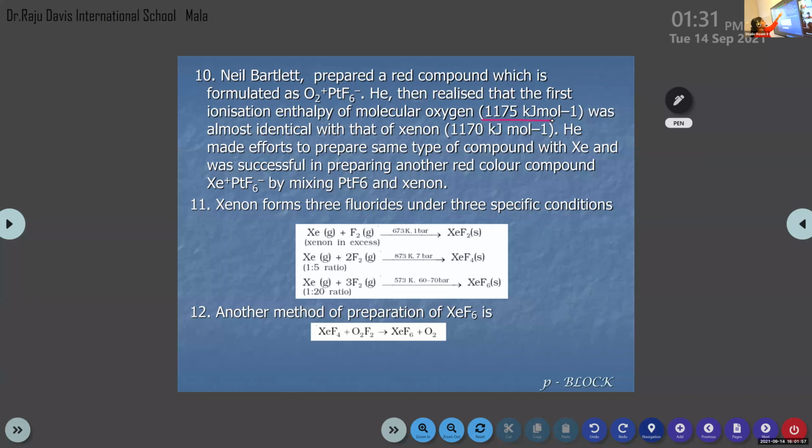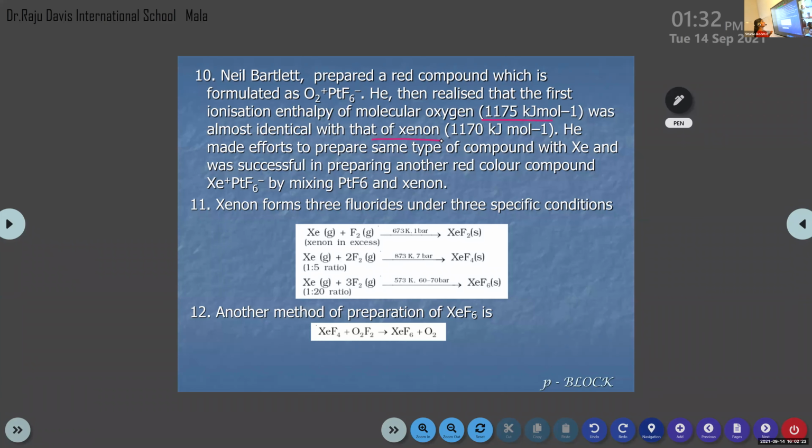He found that the ionization enthalpy, the energy required to remove the electron from the outermost shell, is nearly 1175 kilojoule per mole. And it is almost identical with that of xenon. Xenon is the element that belongs to group 18 and its value is 1170 kilojoule per mole.